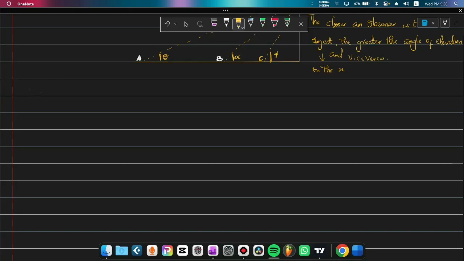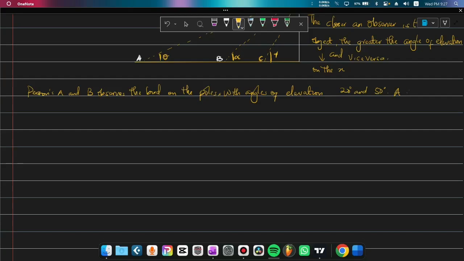Let's say persons A and B observe the bird on the pole with angles of elevation 20 degrees and 50 degrees respectively.